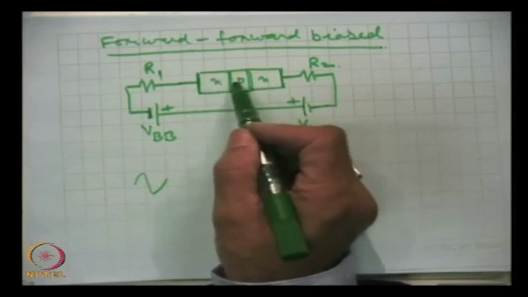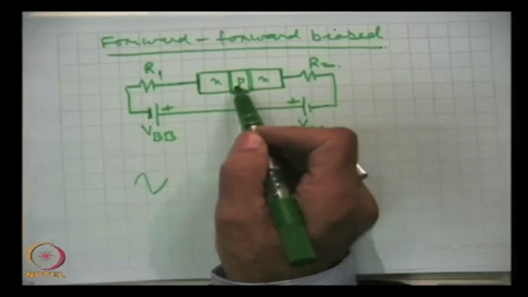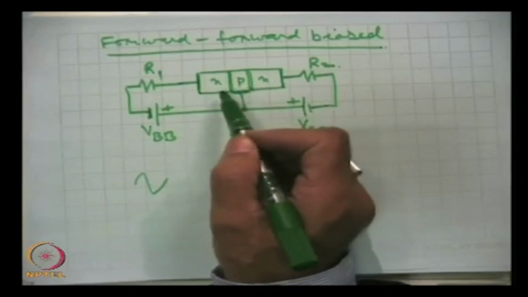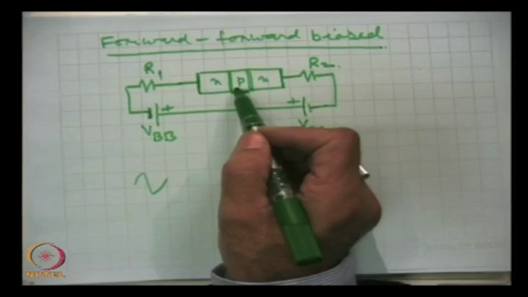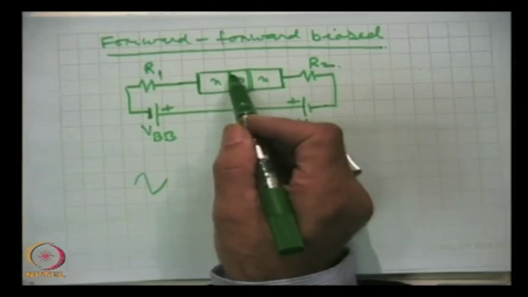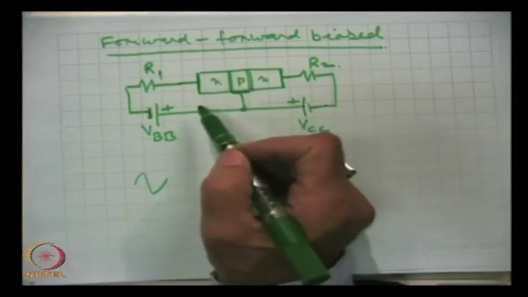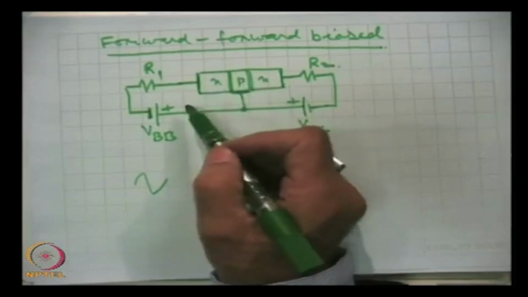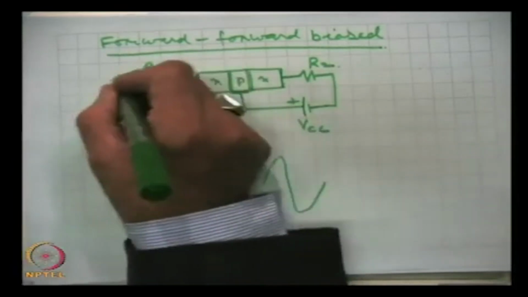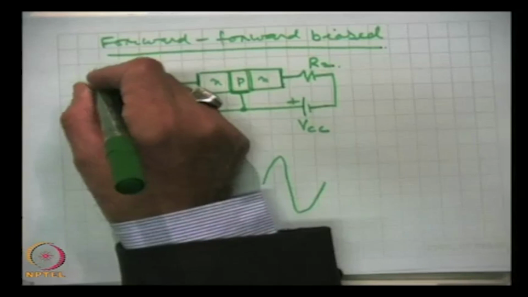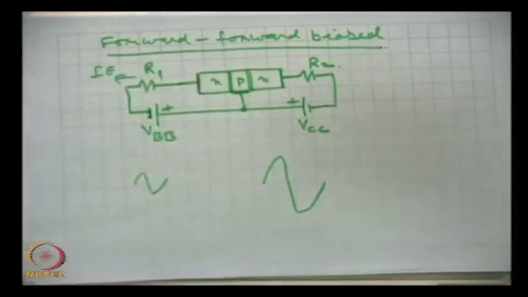So, this component will be much higher, and to that will be added a small component which arises because of the diffusion of holes. So, this will constitute a heavy current. So, we will observe a heavy current I E.